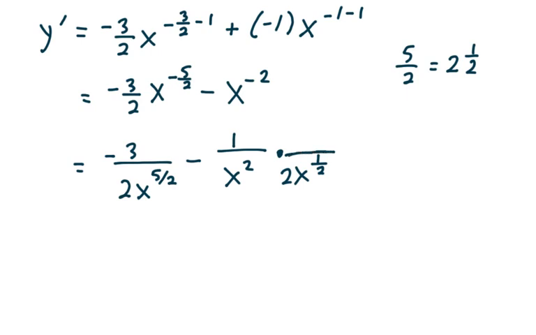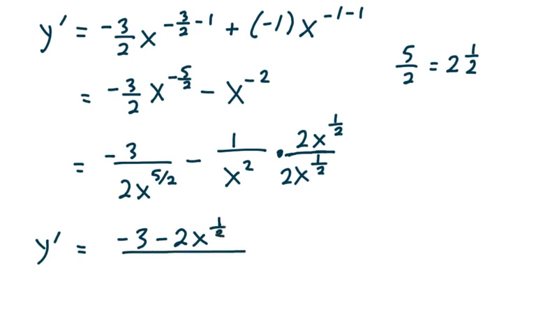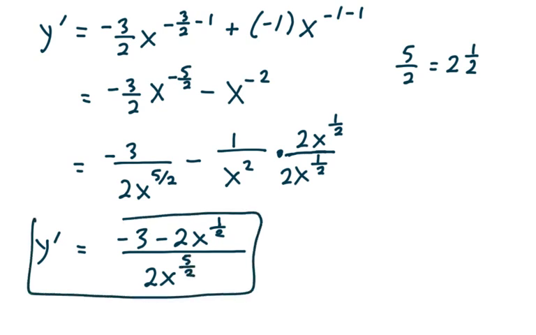And I'm doing that on the second term, by the way. This becomes important, again, to write these derivatives as a single fraction when we get to chapter 4. So when I'm done, I get y prime is negative 3 minus 2x to the 1/2 divided by 2x to the 5/2. And that would, in fact, be the derivative.